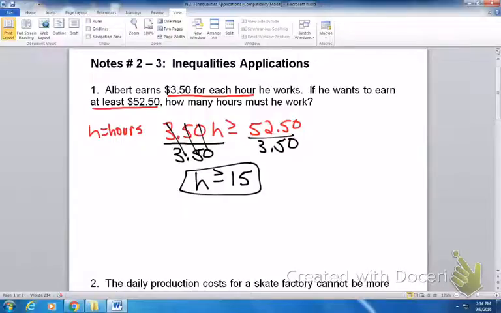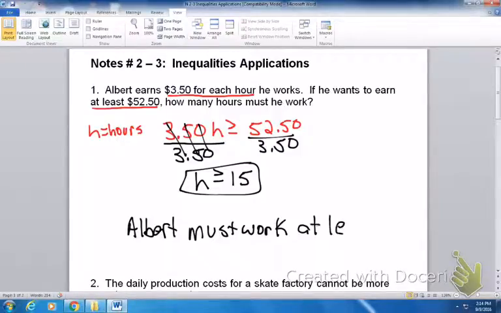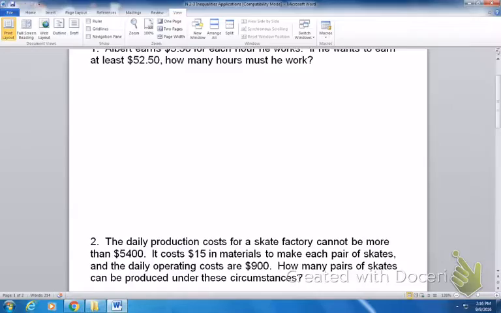So, you know, if you're working in the future and you want to know how many hours you'll have to work to get a certain amount of money, this would kind of help you. So what this means is Albert must work at least 15 hours. So again, the setup's not that hard, but watch your inequality. Let's look at the next problem.